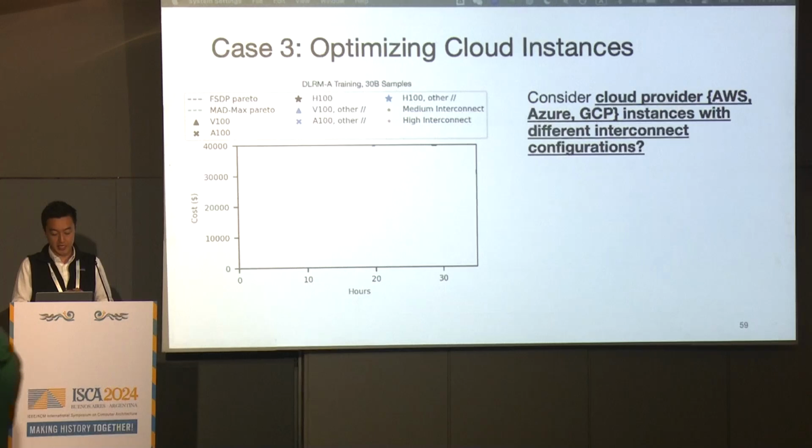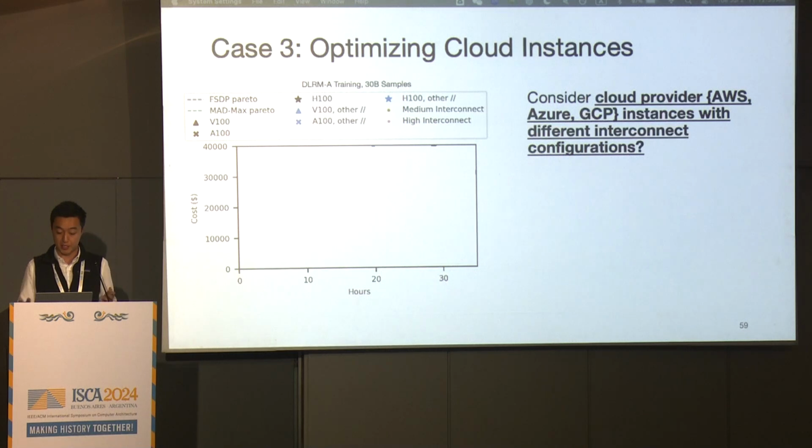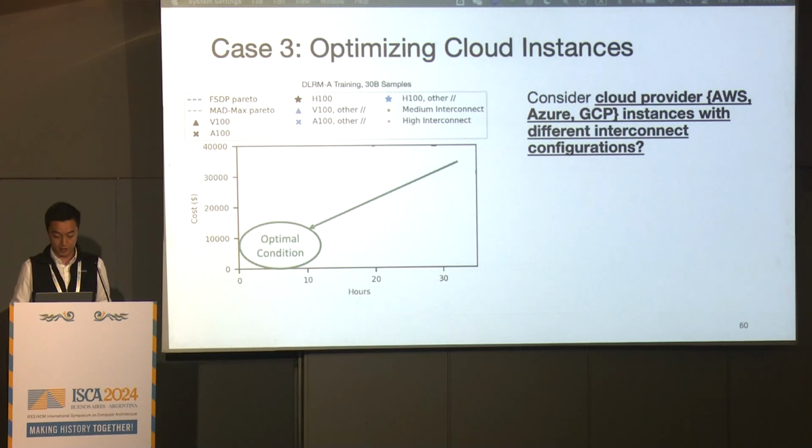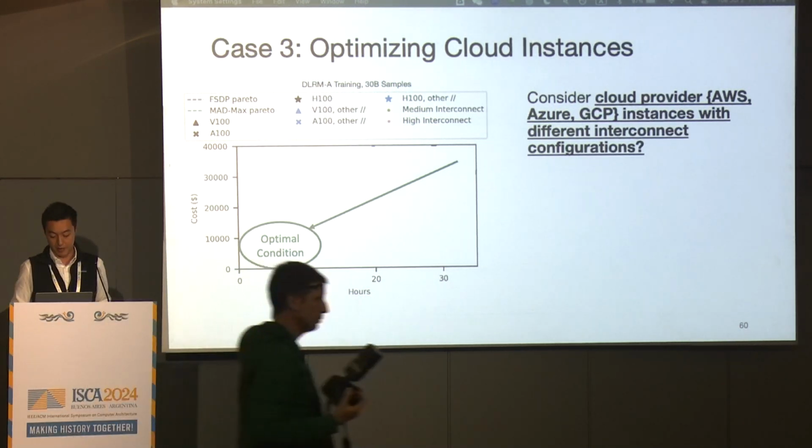So the last use case I want to show is thinking about cloud instances. So we're thinking about stuff like AWS, Azure, GCP, stuff that's really popular out there. And the interesting thing is there's a bunch of different configurations. Even if you have the same GPU, you have different interconnect configurations. And optimally, we want to train as fast as possible and take the least amount of money.